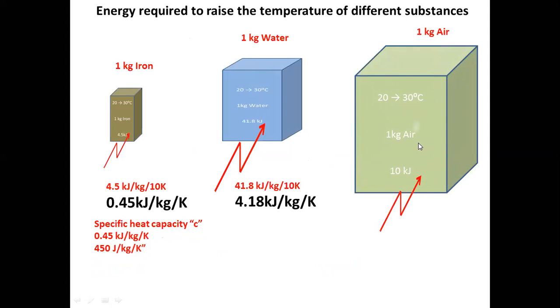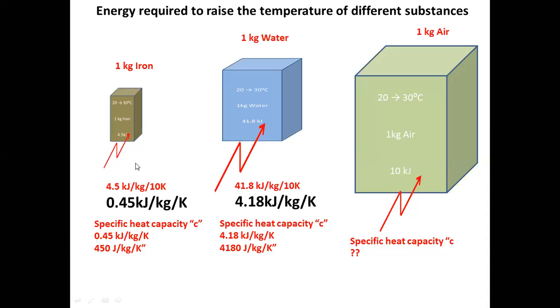Now we are comparing 1 kg iron, very small, 1 kg water, and 1 kg air. What is 1 kg air? See here: 1 kg iron, per kg per 10 kelvins.